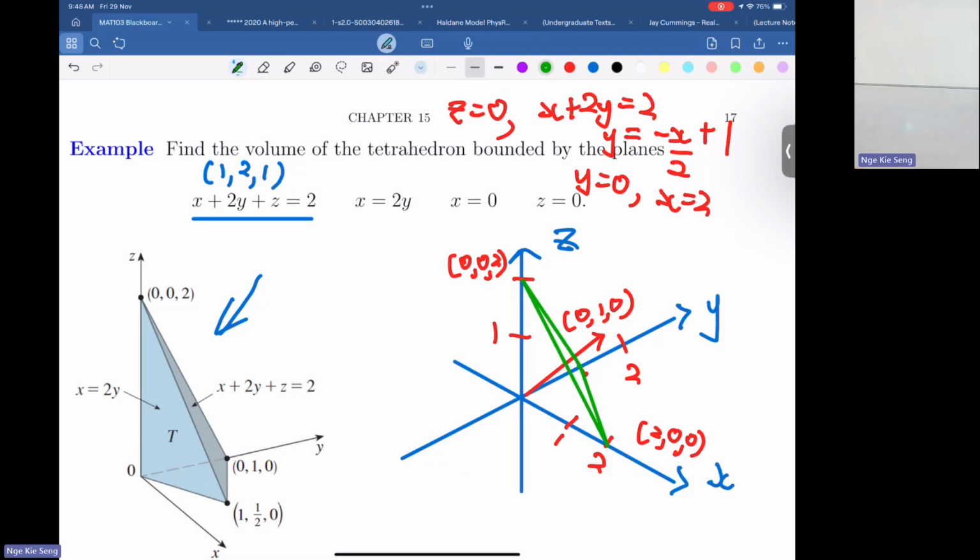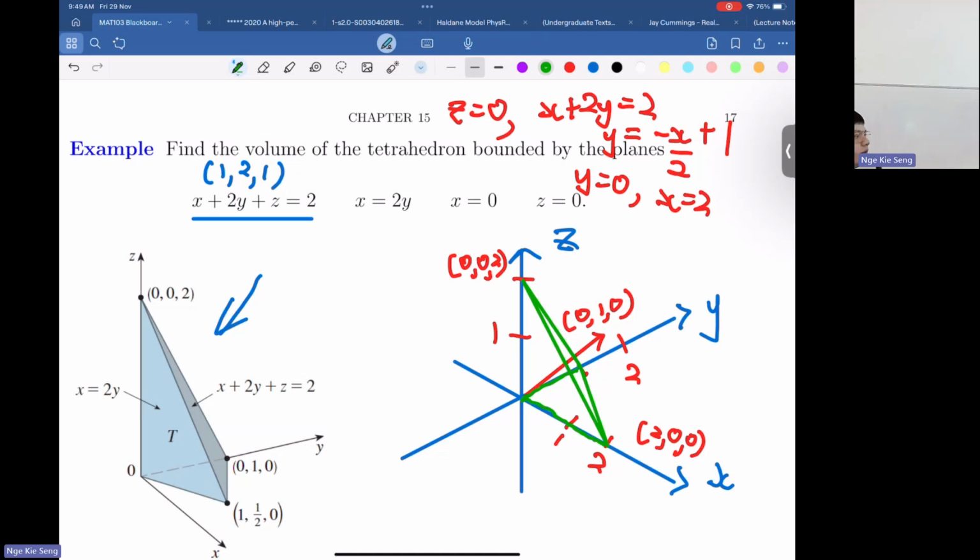I just draw a triangle, but you should imagine expanding this triangle. This is the first plane you have. For the second plane, x equals 0 and z equals 0 are easier. z equals 0 is just the xy plane. You need a volume bounded by these. So where's the xy plane here? Maybe this part.